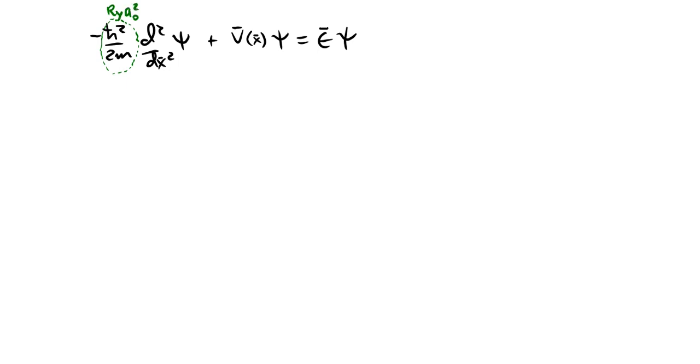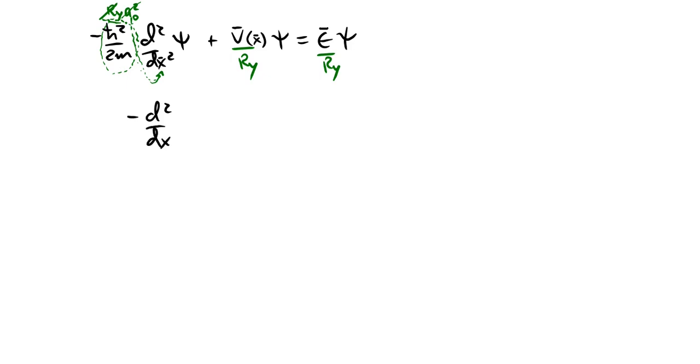I like doing that because then I can put this Bohr radius inside the spatial coordinates, and I can divide everything by the Rydberg energy. So in the end I'll have the Rydberg energy here, the Rydberg energy here, and then I don't need to put this here anymore. And as I put this a0 in the coordinate, I don't need this a0 squared anymore. So in the end your equation is going to be in a dimensionless form.